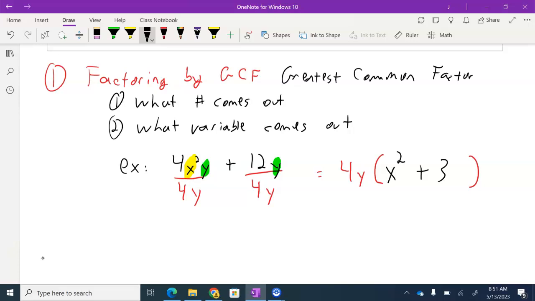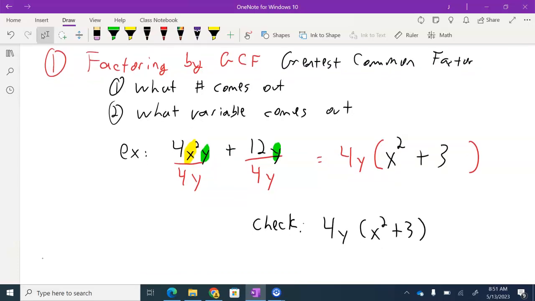How do you know if you did it right? Well, if you go back and multiply these back together by the distributive property, then you would get the original answer. And so if you do 4y times x squared, it's 4x squared y, or 4yx squared, doesn't matter the order there.